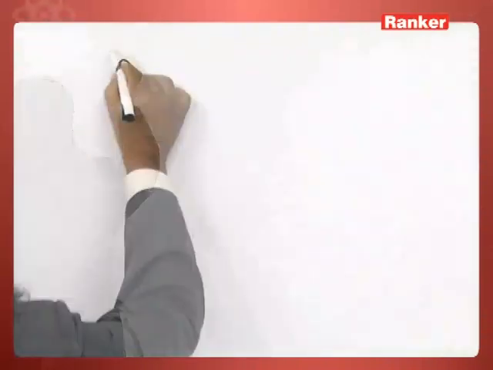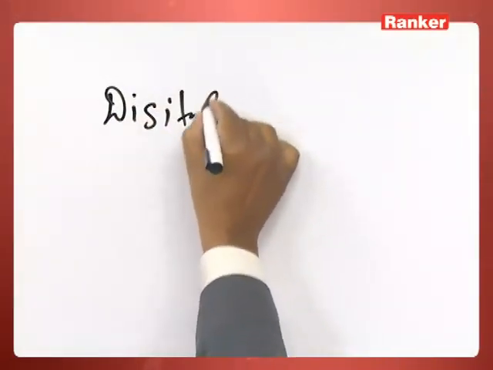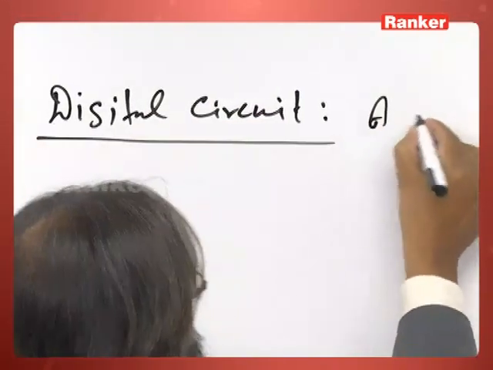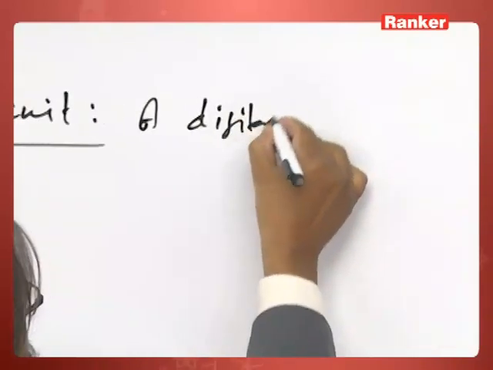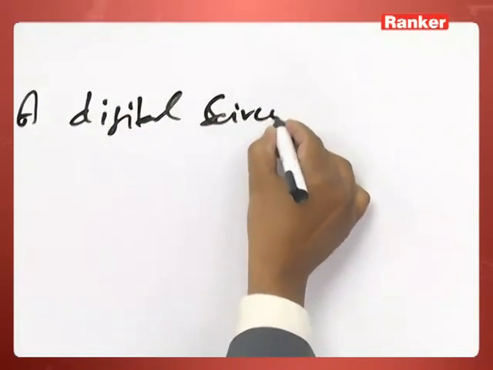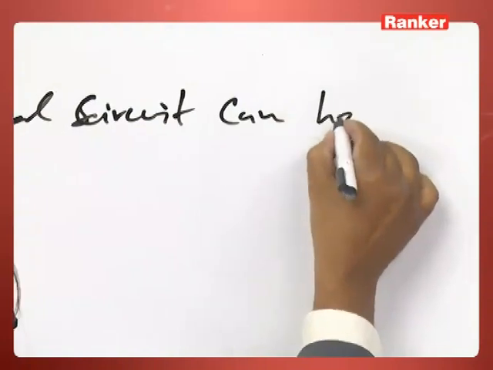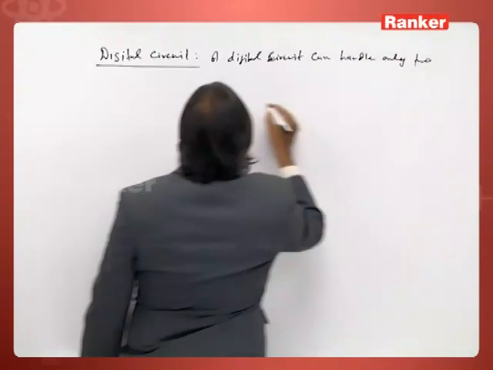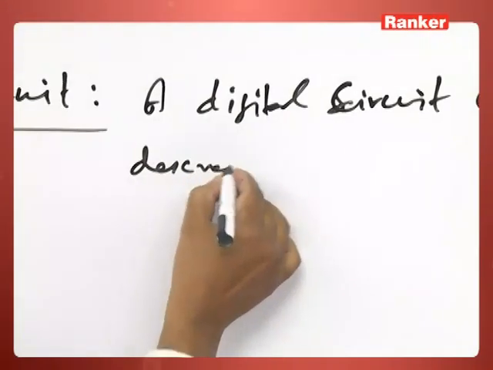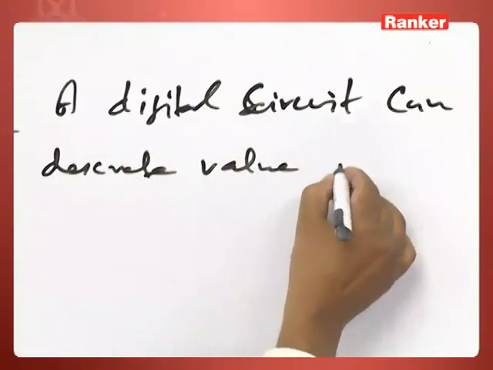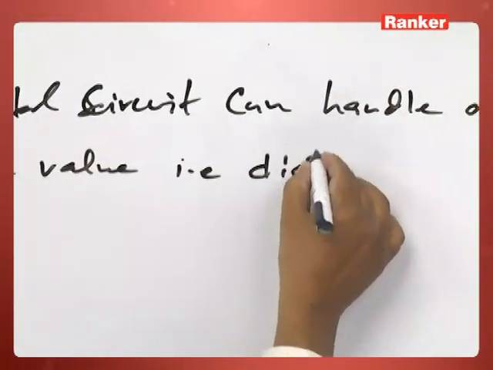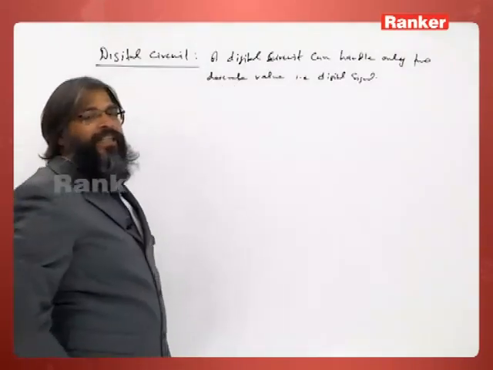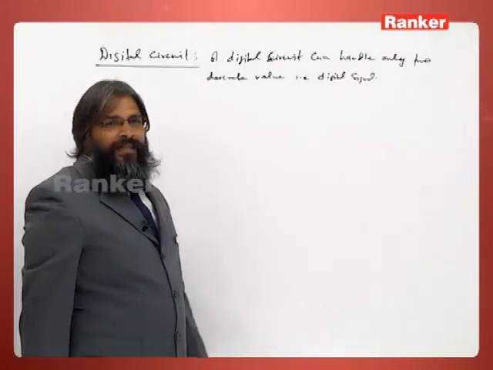Now, let us see the digital circuit. A digital circuit can handle only two discrete values, i.e. digital signal. That means a circuit which handles digital signals is called a digital circuit.